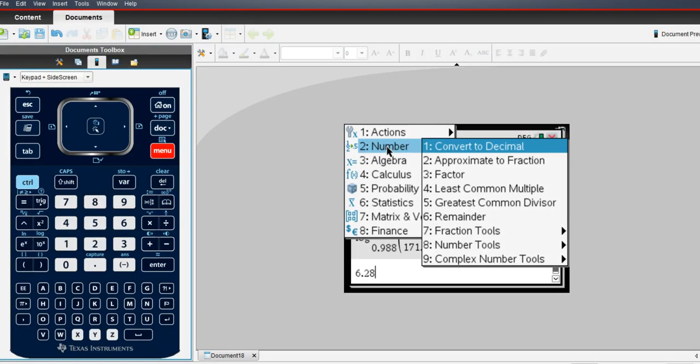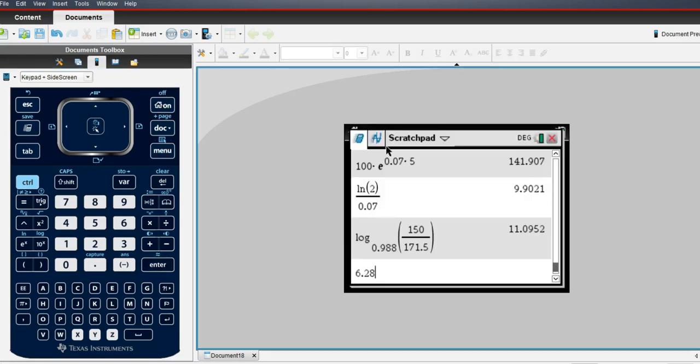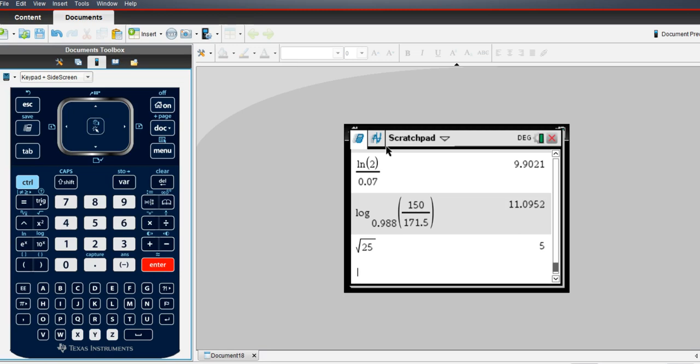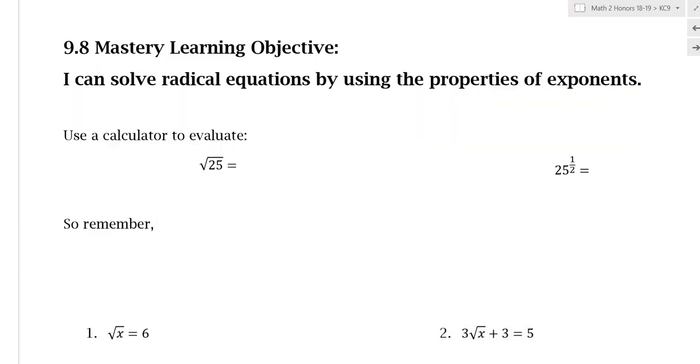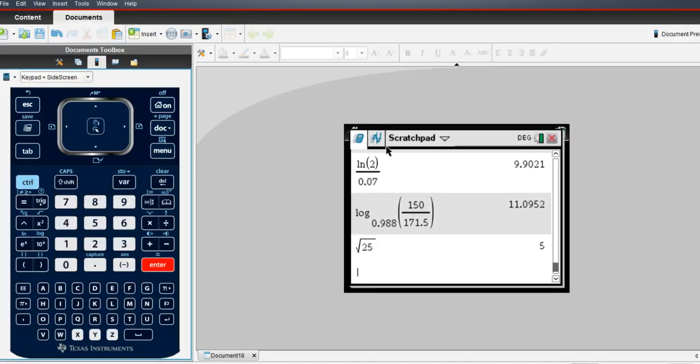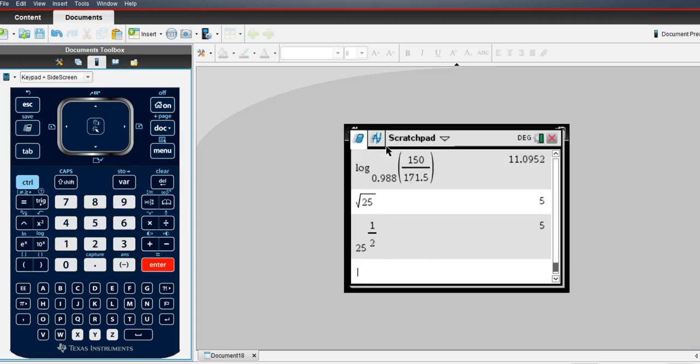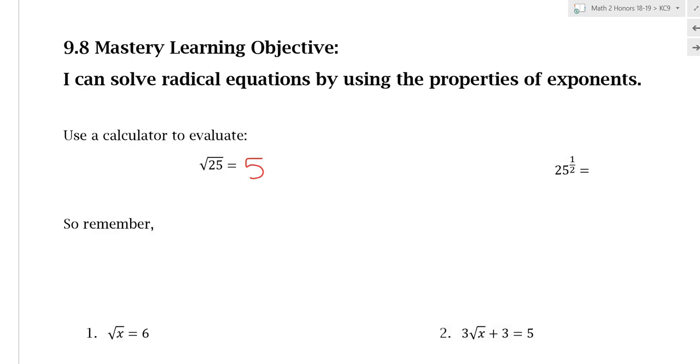The square root of 25, and we get that that is equal to 5. And 25 to the 1/2 is also equal to 5.